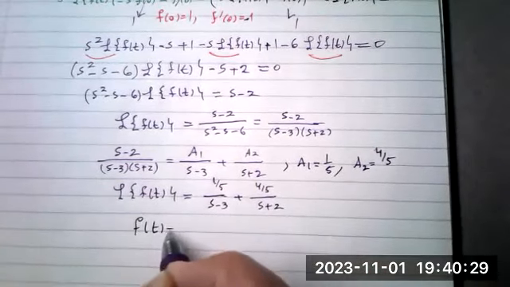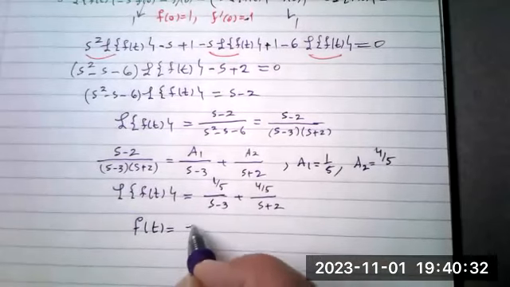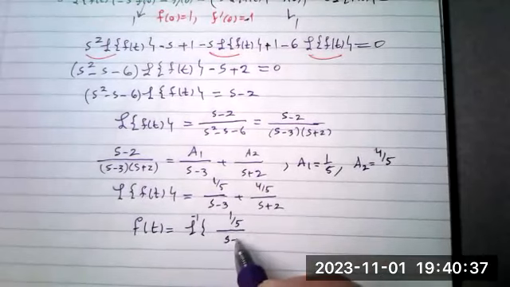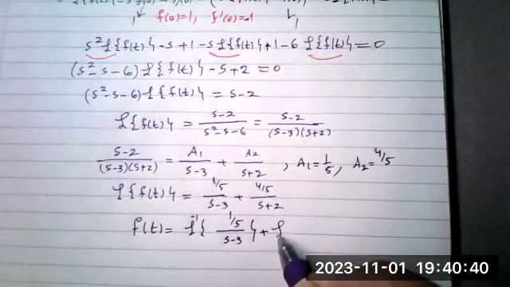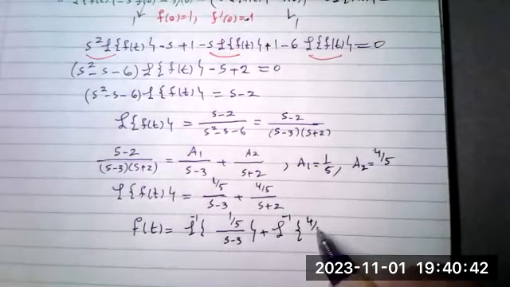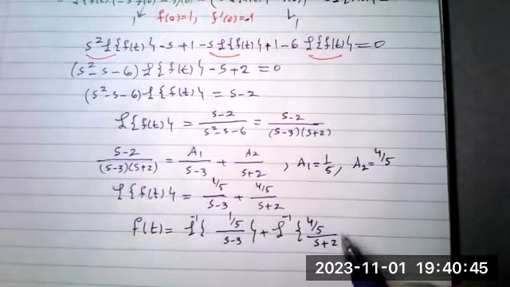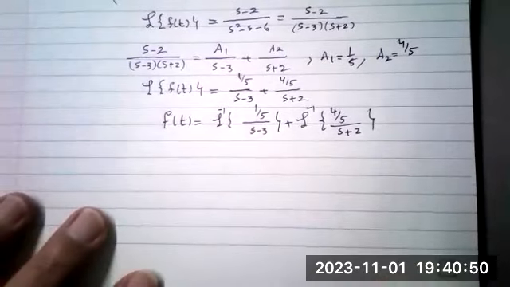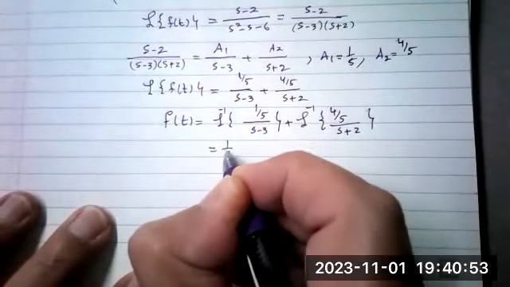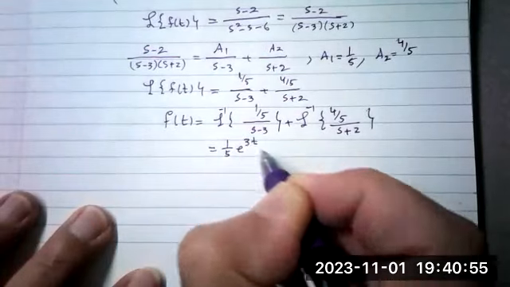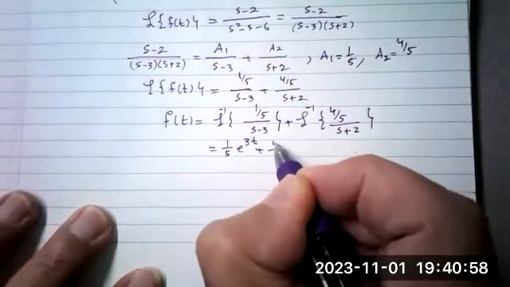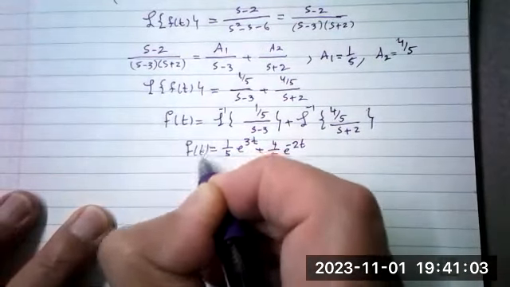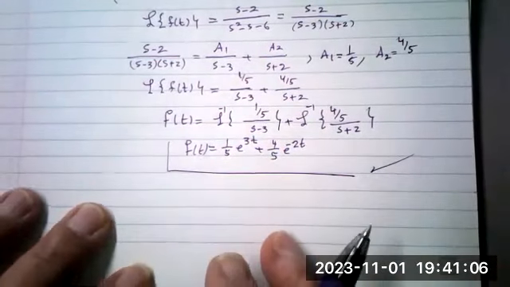That gives the Laplace inverse of 1/5 over s minus 3 plus the Laplace inverse of 4/5 over s plus 2. You know that they are all exponential functions, so nothing to worry about. The first one is 1/5 e to the 3t, and the second one would be 4/5 e to the negative 2t. This is the solution of the equation, and we're done.